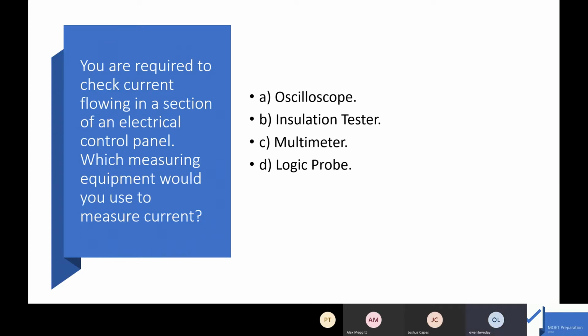Now, me personally, I thought a multimeter didn't test current. I thought you had to have the clamps for that. Personally, if I was checking the amount of electrical current flowing in a section, I would probably prefer to use a clamp meter, because to use a multimeter, you'd have to break the circuit open and put it in series with the circuit, wouldn't you?